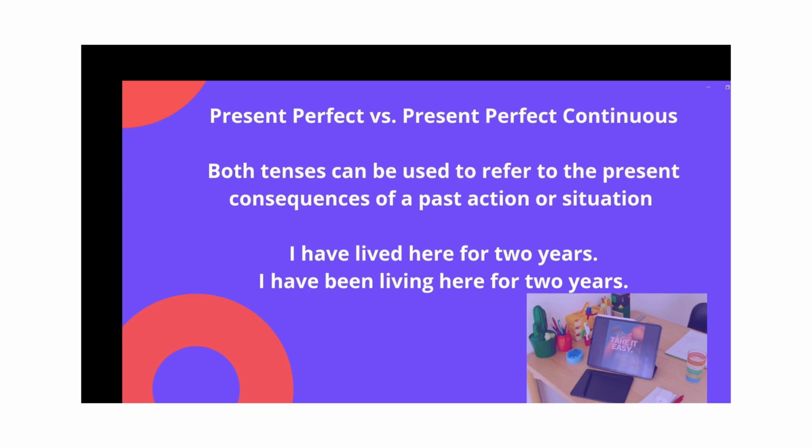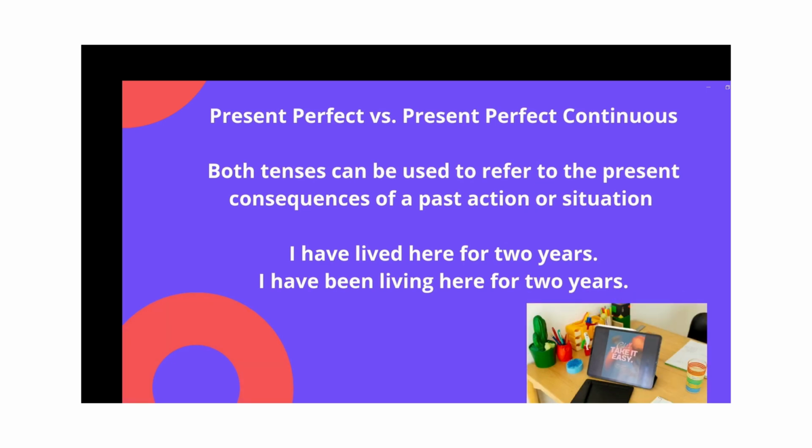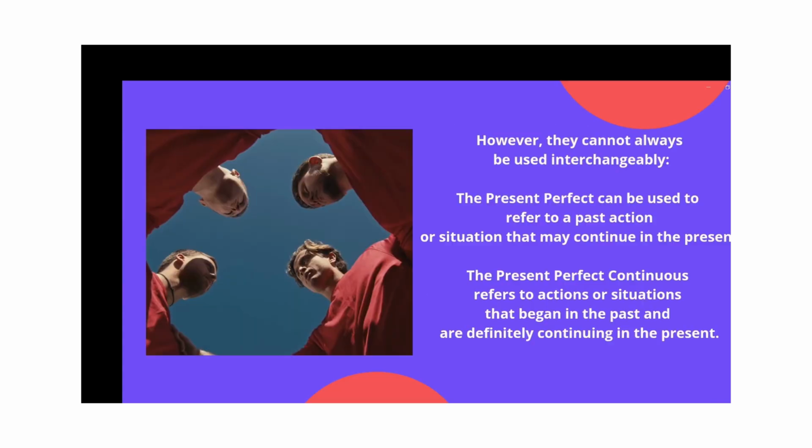Present perfect and present perfect continuous. Both tenses can be used to refer to the present consequences of a past action or situation. We can say, I have lived here for 2 years, or I have been living here for 2 years. However, they cannot always be used interchangeably.